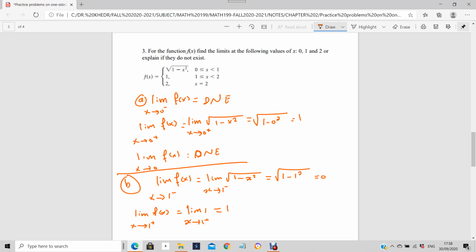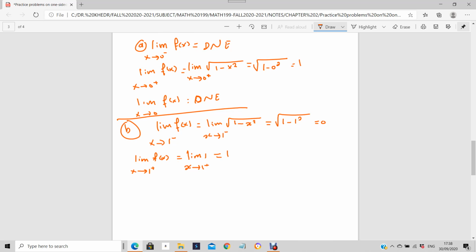So here we can say at x equals 1, the left side limit is 0, the right side limit is 1, hence the limit at this point does not exist. So we'll say the limit of f of x as x goes to 1 does not exist. Why?